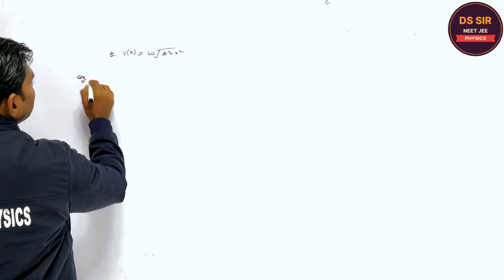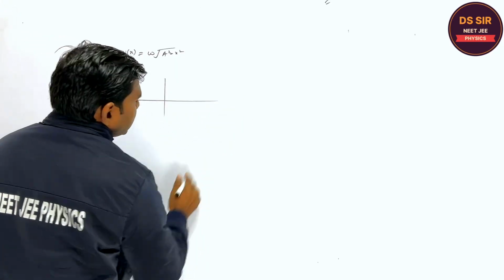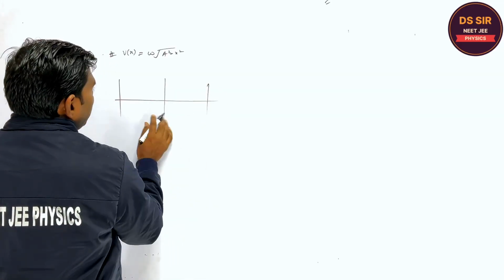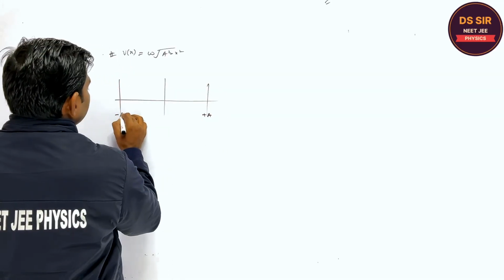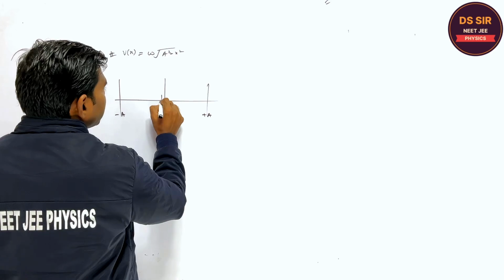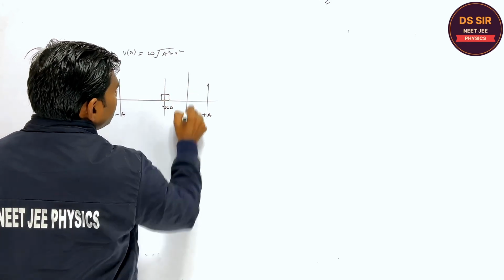So for example, if you consider an illustration, the particle is performing SHM and the amplitude is a. This is x is equal to 0.